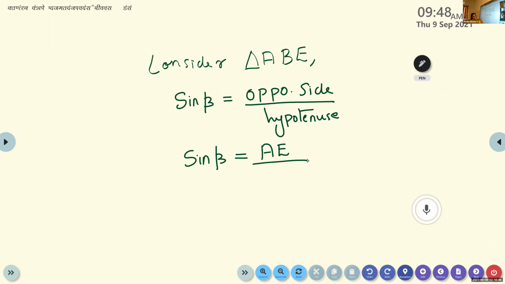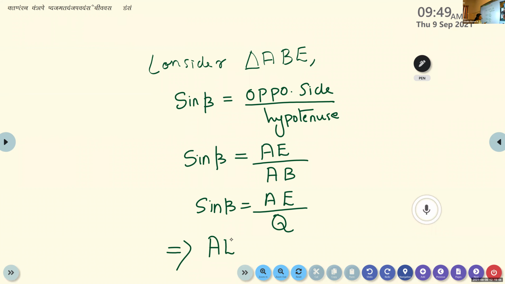What is its value? Q. So sine beta is equal to AE divided by Q, which implies AE is equal to Q sine beta. This is our fourth equation.